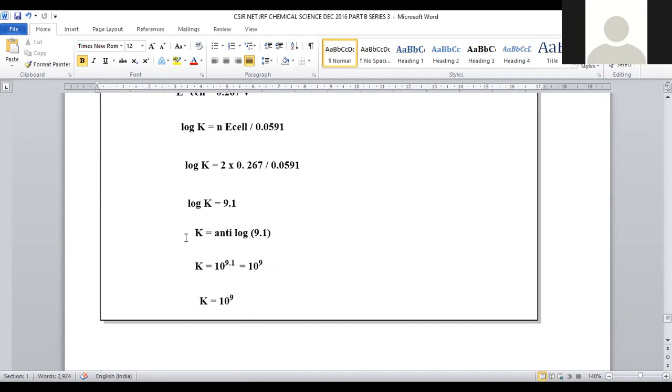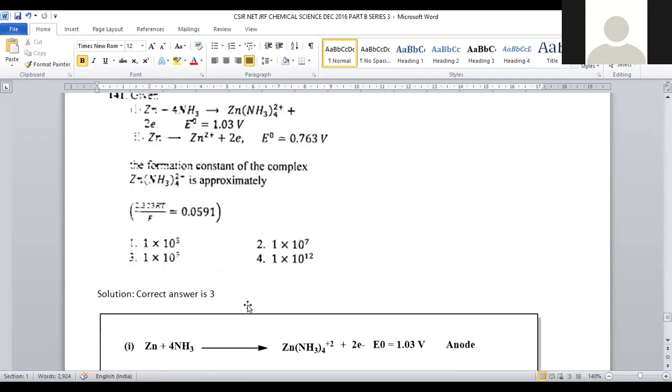In order to discard the log value, K is equal to antilog 9.1 will be taken. That is nothing but K is equal to 10 to the power 9.1. It is taken as approximately 10 to the power 9. Now K, that is formation constant, is given as 10 to the power 9.